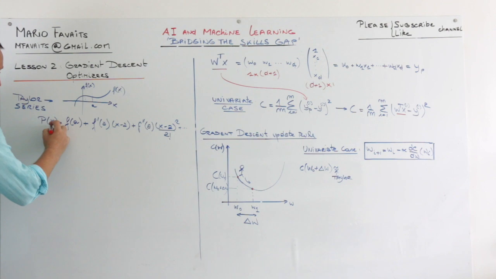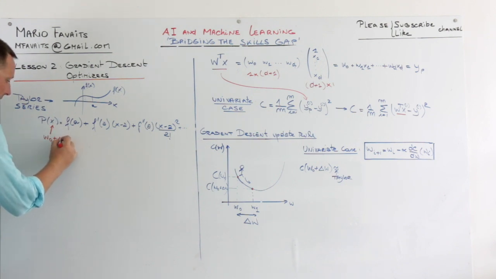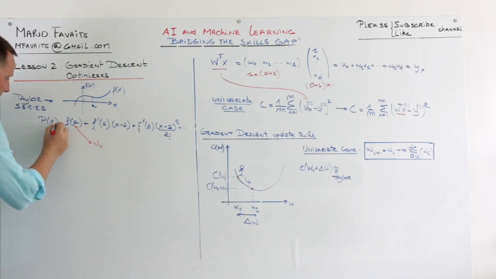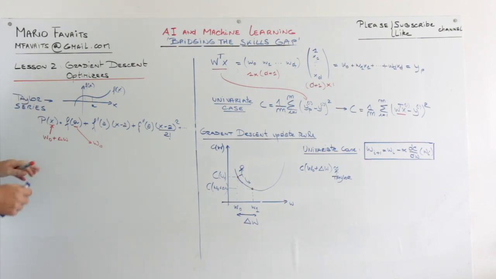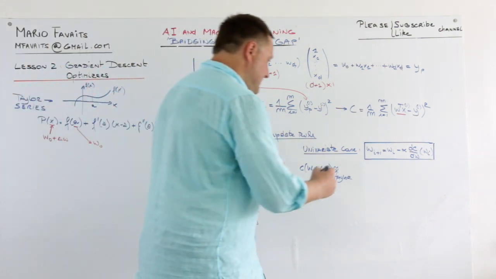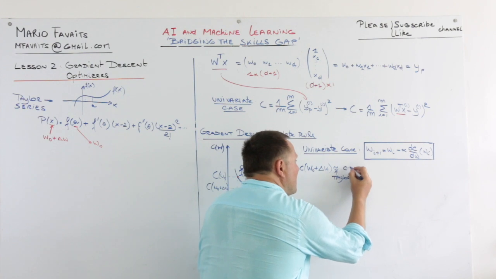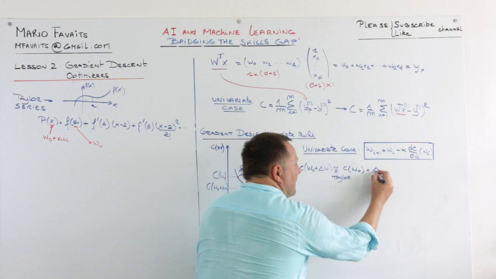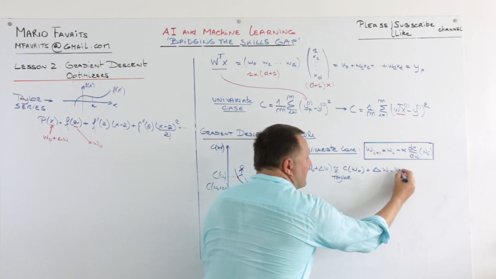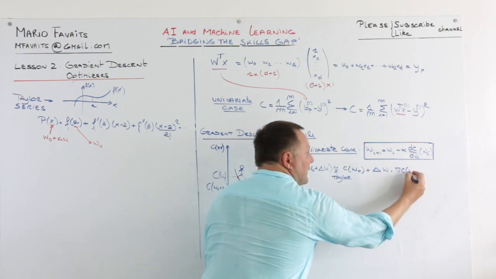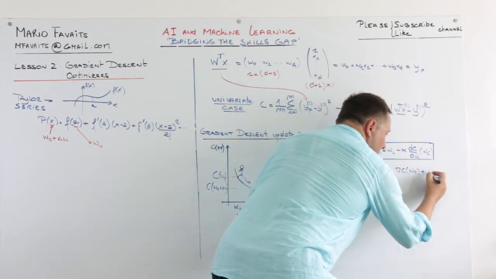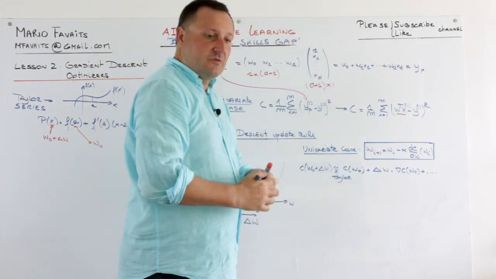Now, in our case, the x is W plus delta W, and the A is W. So if we go back there, this would become the cost function at the point W plus delta W times the gradient of C at the point W. And then we have higher order terms, but we're not going to use them.